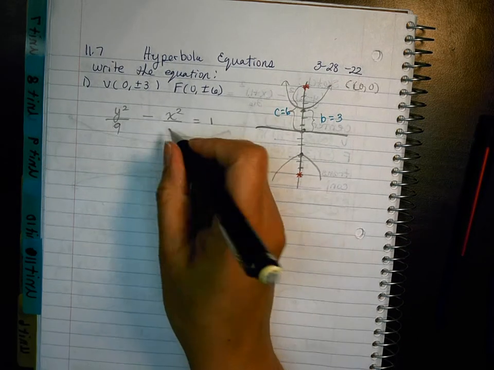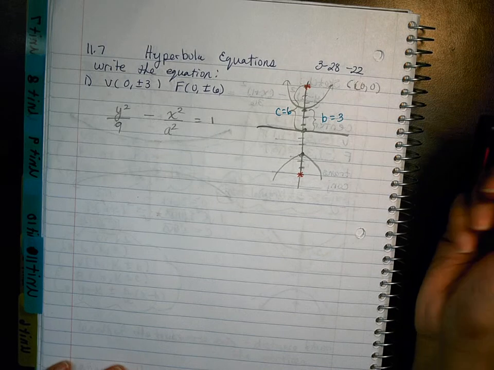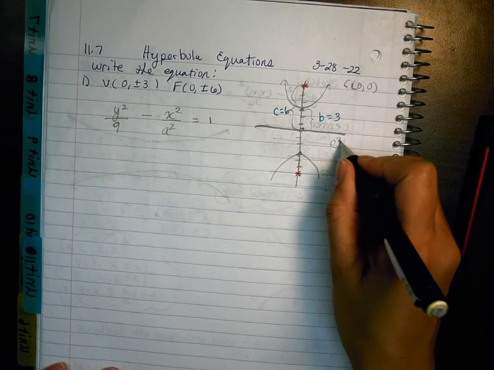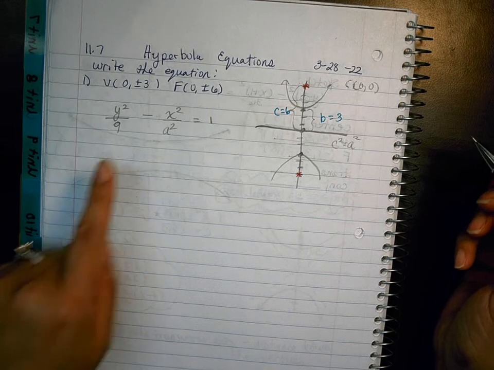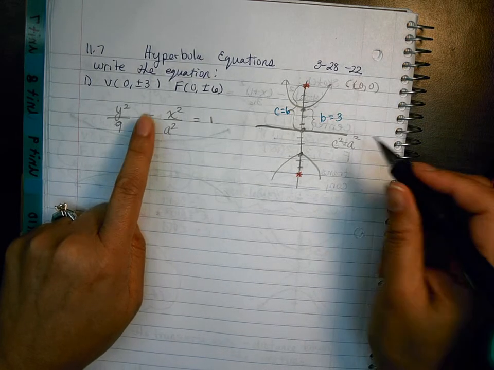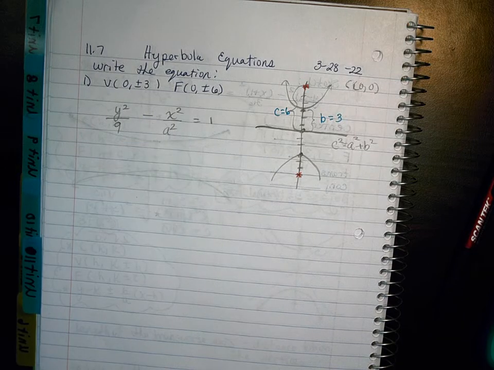No. Right now what I'm looking for is A squared. I found C to be 6. What am I going to use? I'm going to use C squared equals A squared plus B squared. It's minus here, so I use plus. I don't need to worry about big minus small because I'm not subtracting.